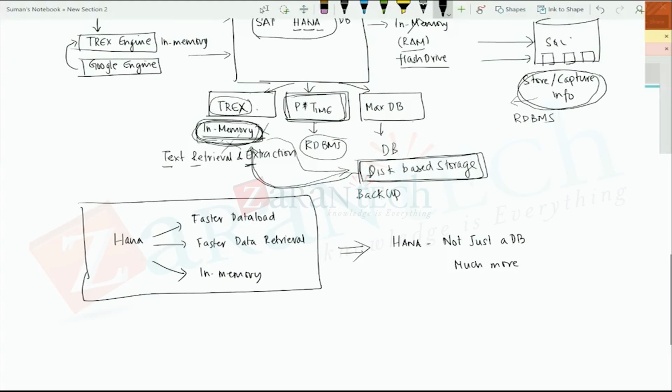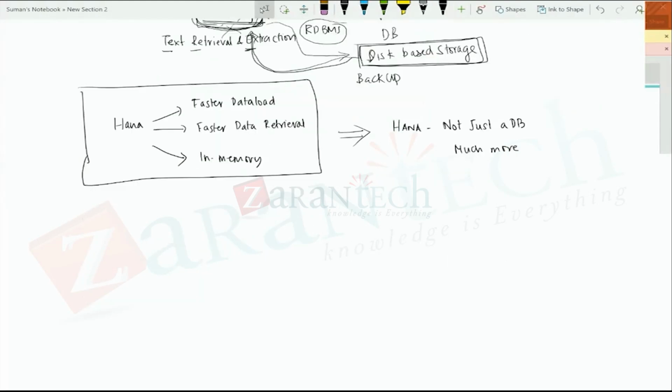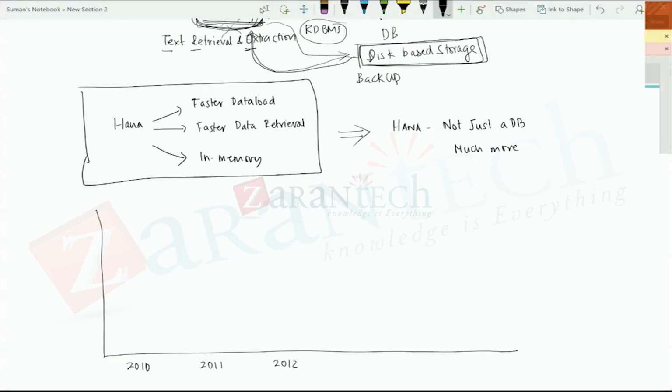So I had given you in the demo session, I talked about the evolution of the SAP HANA product, right? In 2010, let's just put a timeline here, 2011, 2012, 13, 14, and so on and so forth. SAP HANA, when it came into the market in the late 2010, what happened is it was primarily used only as a database.